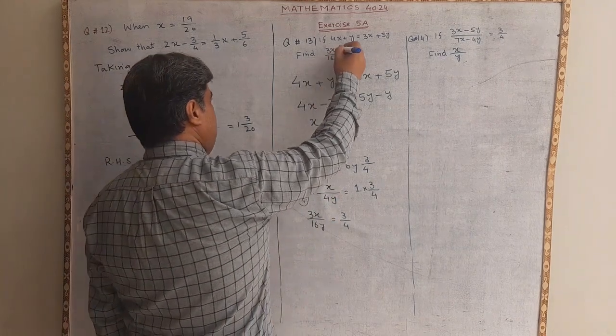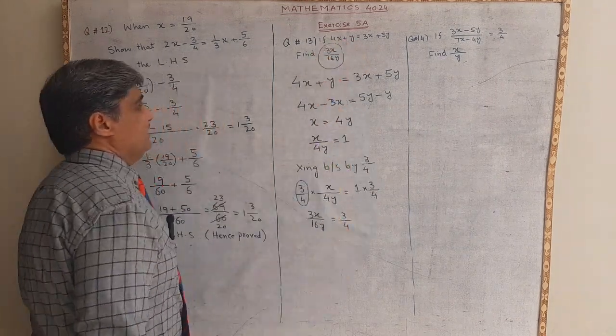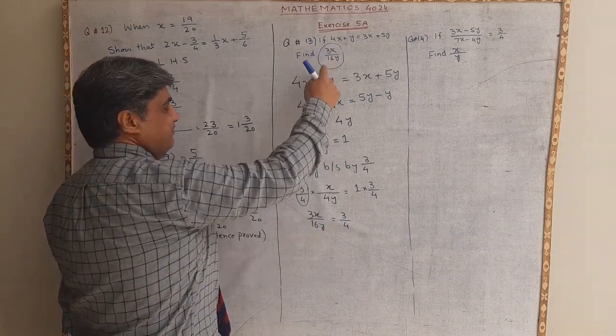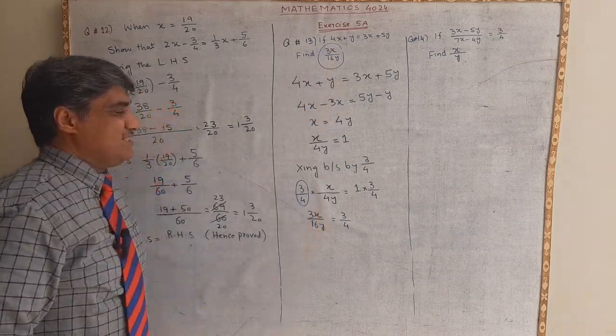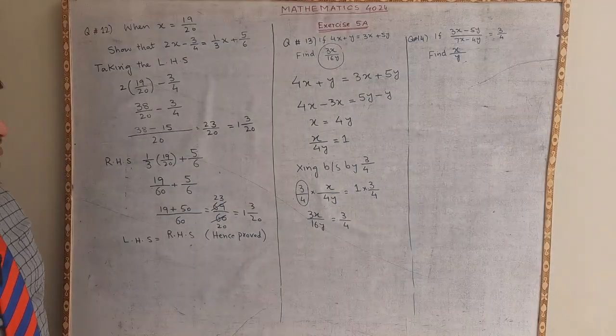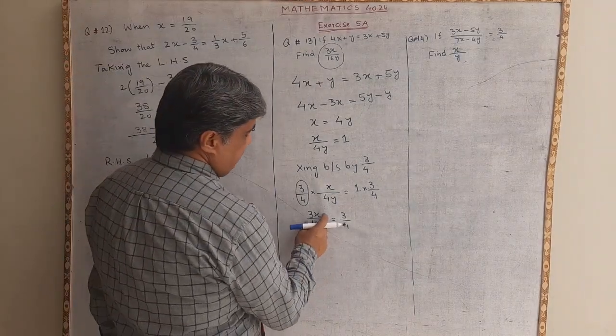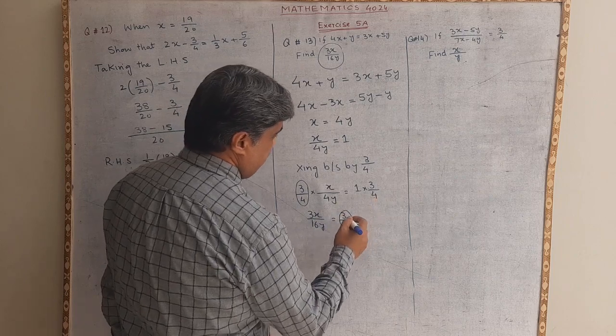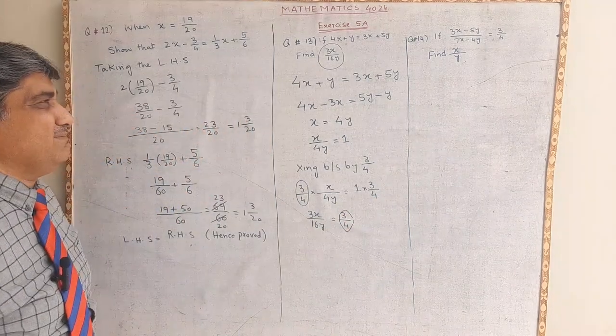So we could get this value by multiplying 3x, and for 4 fours are 16y. So that is why we wrote it like this. So that will be the value of this option.